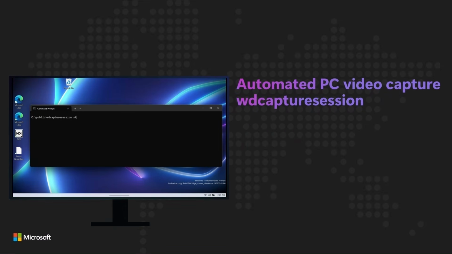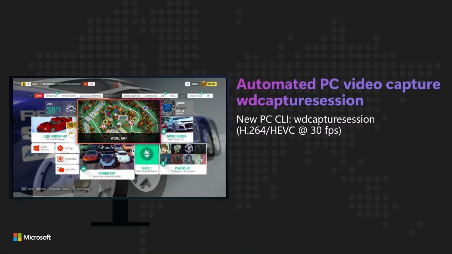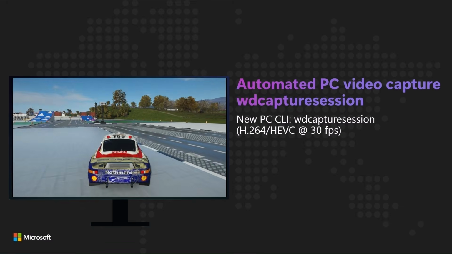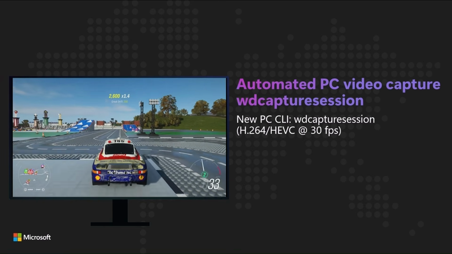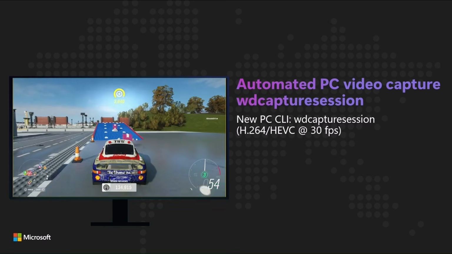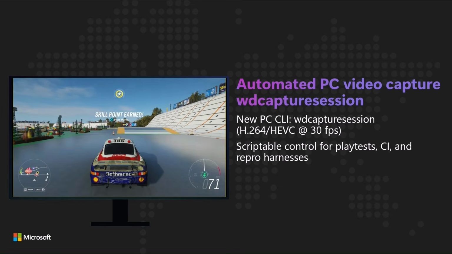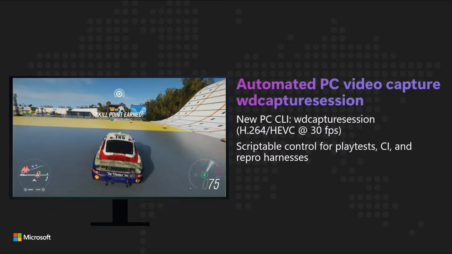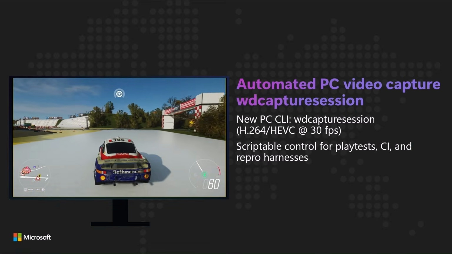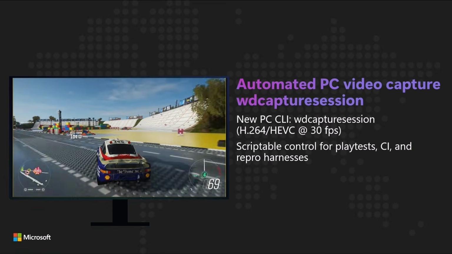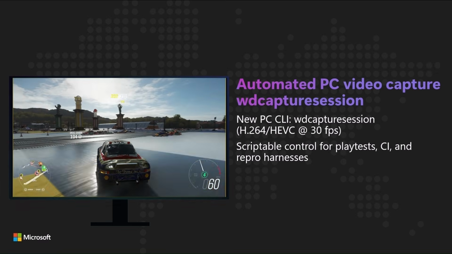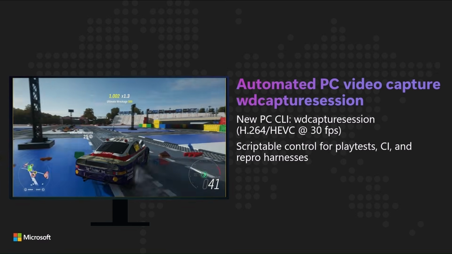Automated PC Video Capture, WD Capture Session. WD Capture Session is a new command line capture tool for PC that records high-quality test video at 30 FPS by using H.264 or high-efficiency video coding. It's ideal for automating long-running captures during playtests, CI runs, and repro harnesses. Start and stop recording from scripts to collect consistent artifacts.